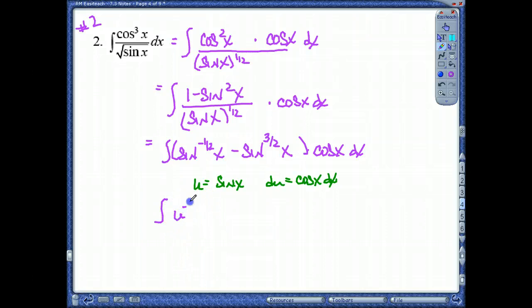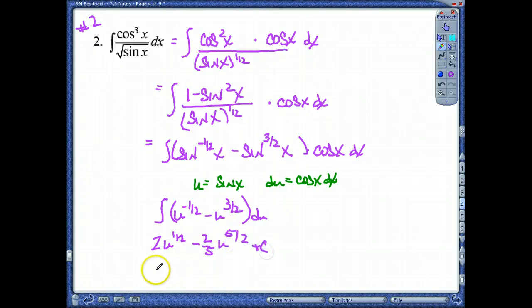I've got u to the negative 1/2 minus u to the 3/2 du, which is going to give me 2u to the 1/2 minus 2/5 u to the 5/2 plus c, and then don't forget to substitute out. If you want to put it back as a radical, that's perfectly fine.